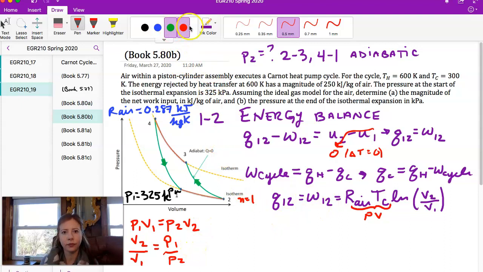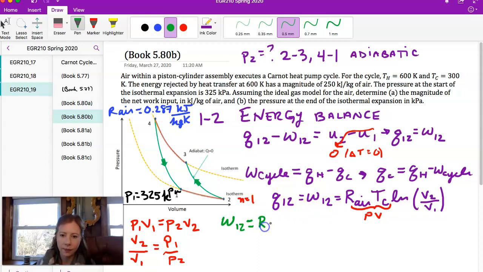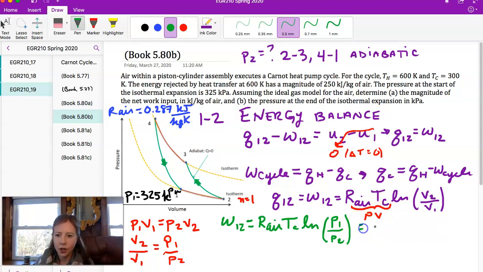So W12 is going to equal R air times TC times the natural log, and let's sub in for V2 over V1, P1 over P2. That's the same ratio. And this is also going to be equal to QC.